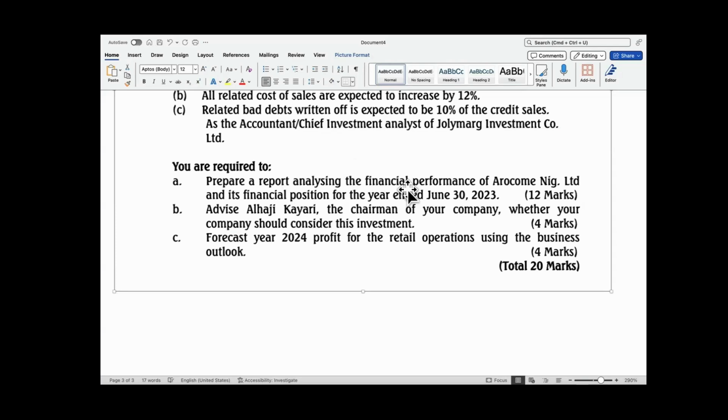So my focus for tonight, majorly, is not even in how to calculate ratios, because the bulk of the marks in these 12 marks, you will derive it from that analysis. Of course, before you can analyze, you must compute those ratios first.